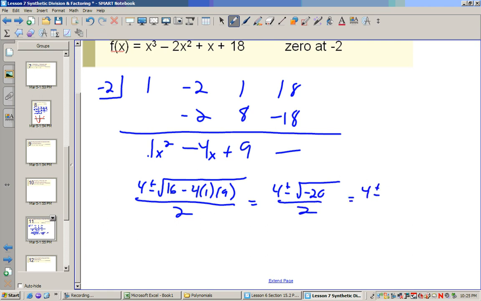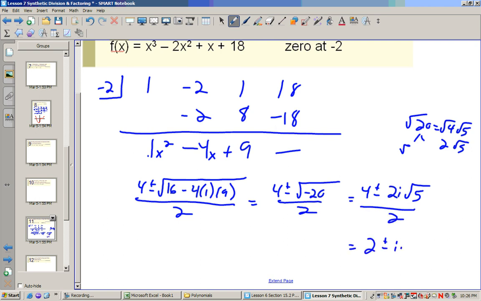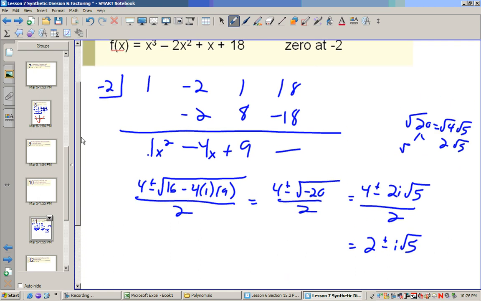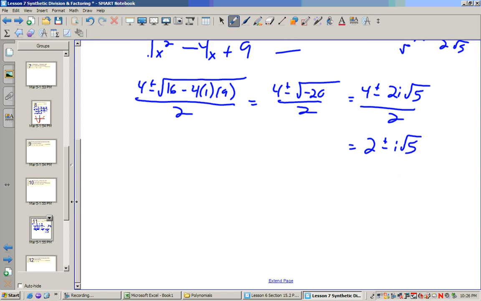With -20, first thing we do is we take out the i, and the square root of 20 is going to be the square root of 4 times the square root of 5, or 2 root 5. So this would be 2i root 5 over 2, which will simplify to 2 plus or minus i root 5. So there's going to be 2 real zeros, 2 imaginary zeros.